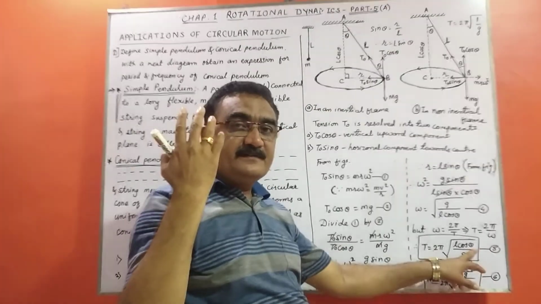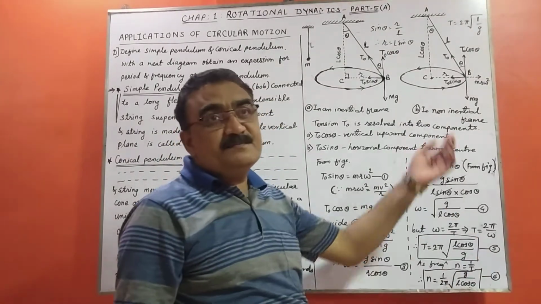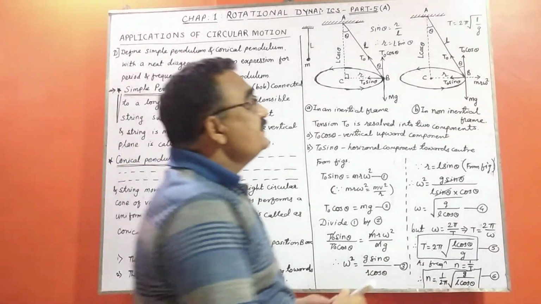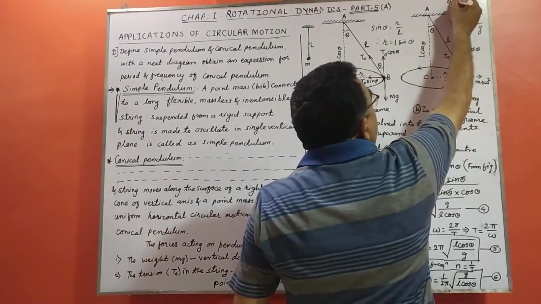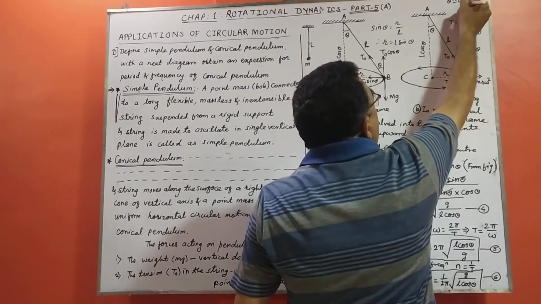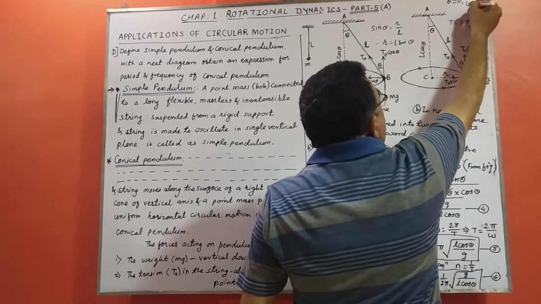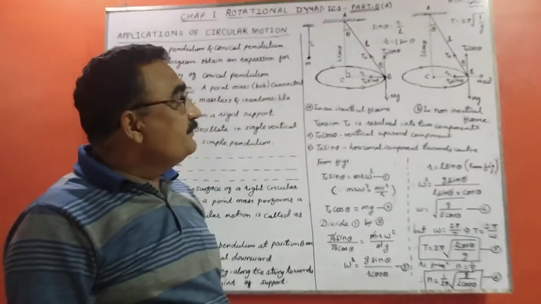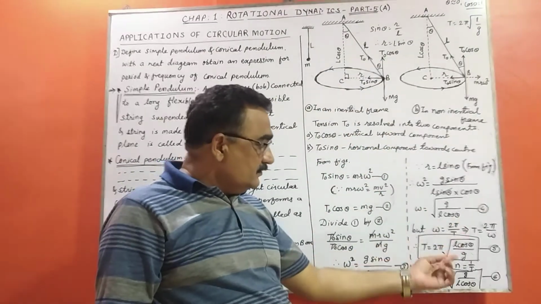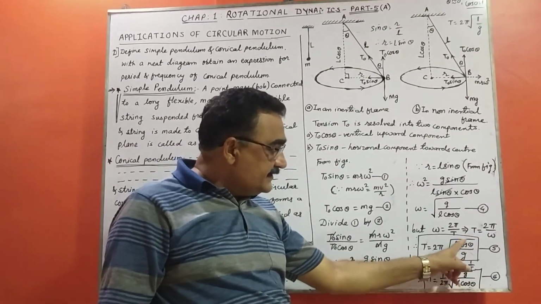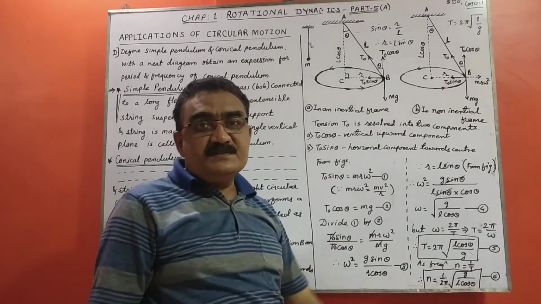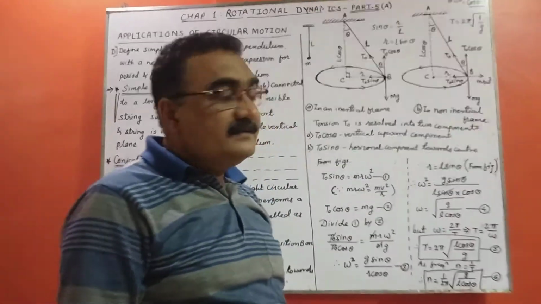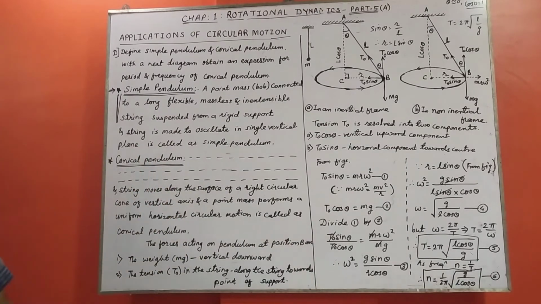And if theta is very small, nearly 0, then cos 0 is 1. Therefore, we can write it is equal to 1, so it is L upon g. Now see this.